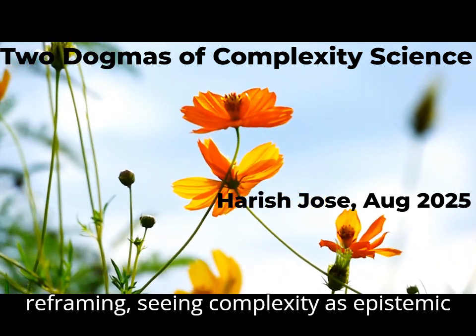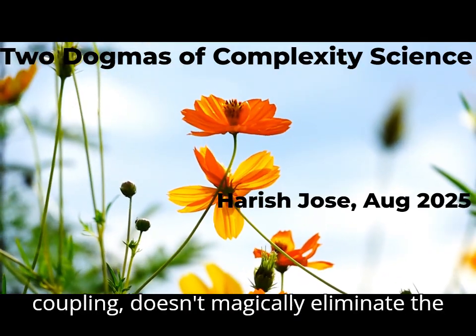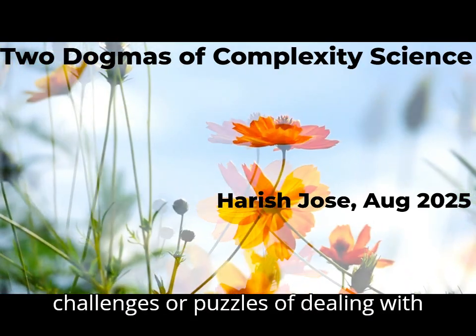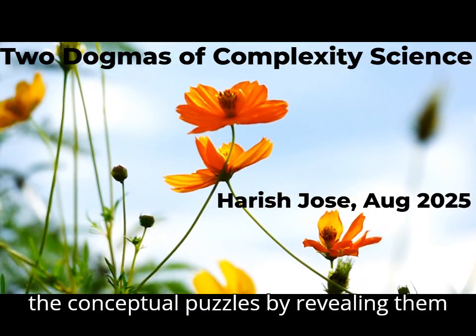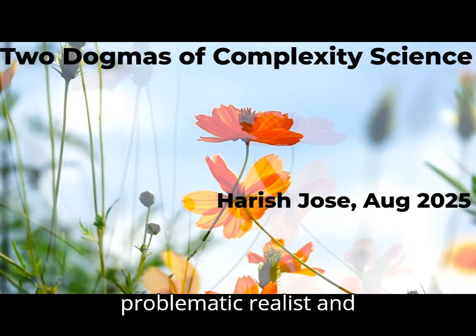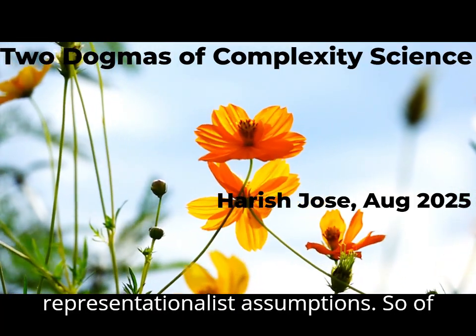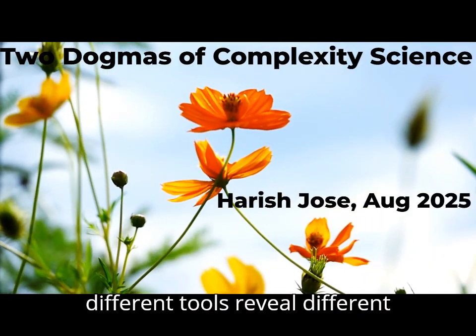Exactly. This reframing, seeing complexity as epistemic coupling, doesn't magically eliminate the challenges or puzzles of dealing with complex systems. But it dissolves many of the conceptual puzzles by revealing them as artifacts, as byproducts of those problematic realist and representationalist assumptions. So, of course, experts and novices enact different complexities. Of course, different tools reveal different varieties.